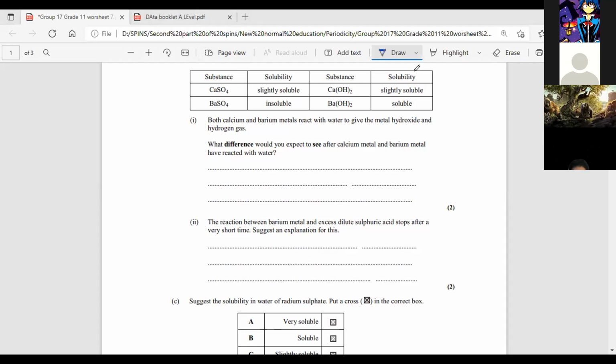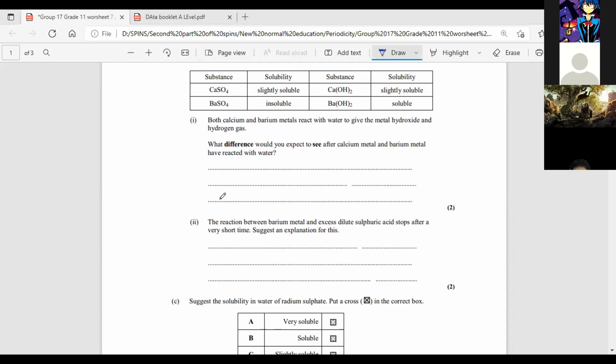Okay, and then in terms of the substance, there is another comparison between calcium hydroxide and barium hydroxide.